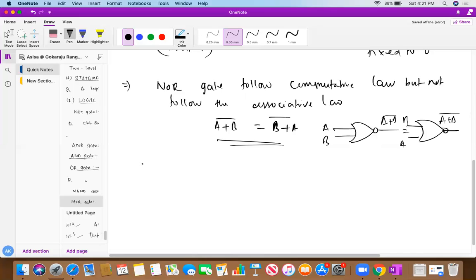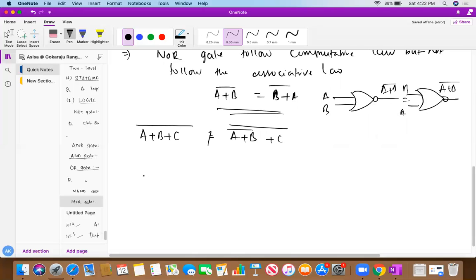But in the case of the associative law, (A or B or C) bar is not equal to ((A or B) bar or C) bar. Check it here. I have taken three inputs A, B, C. With a NOR gate on A, B, C, Y is (A or B or C) bar.